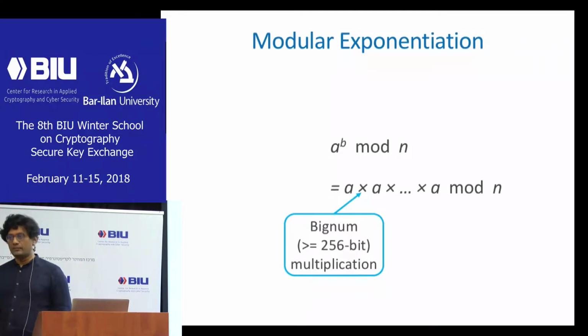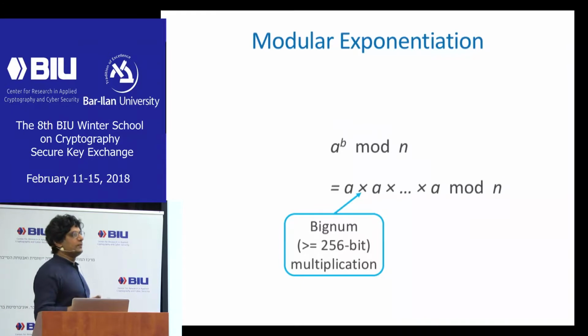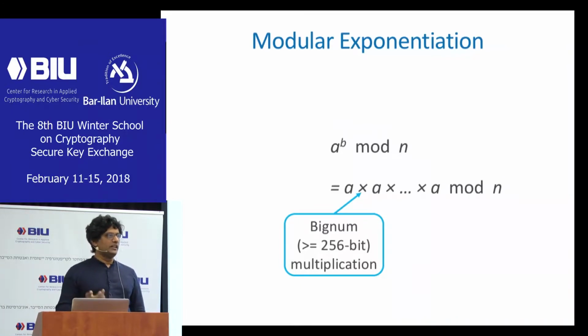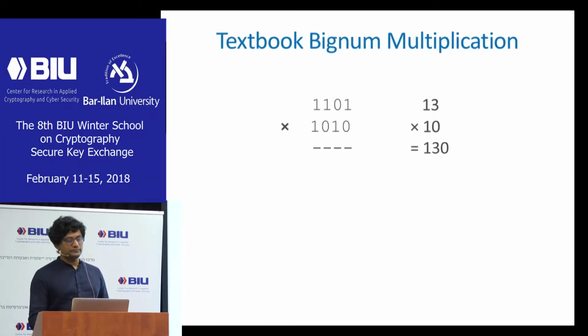So we need a Bignum library, right? But Bignum libraries, what do we need them for? We need them for modular arithmetic. In particular, often we are going to be doing things like a to the b mod n, and so you're going to multiply a b times, well, naively, otherwise there are better ways of doing this, and each of these multiplications is a Bignum multiplication.